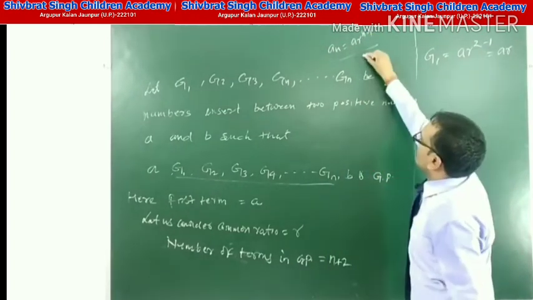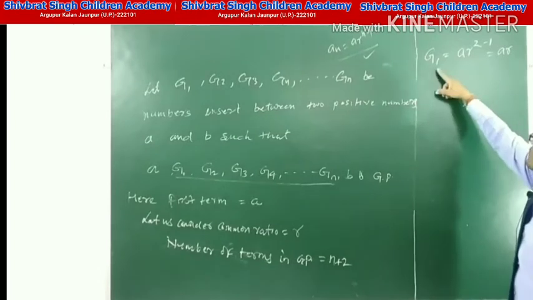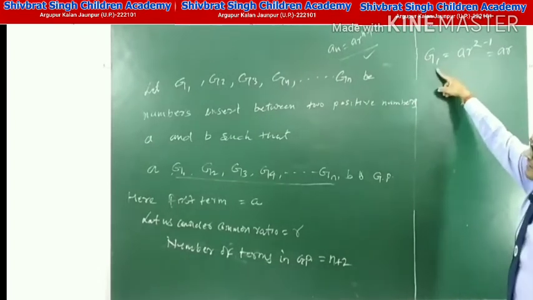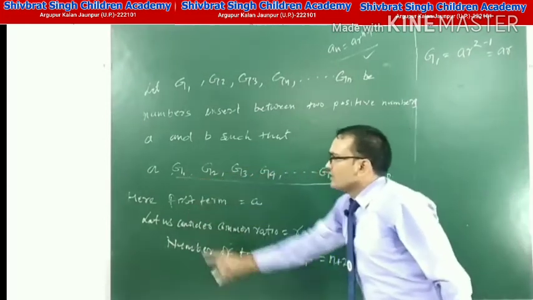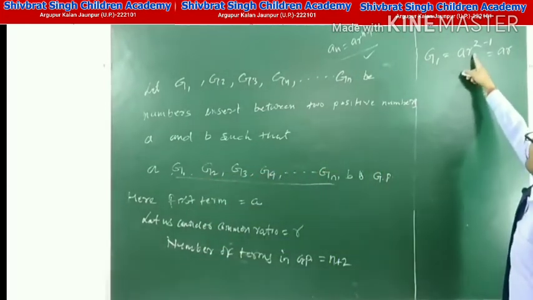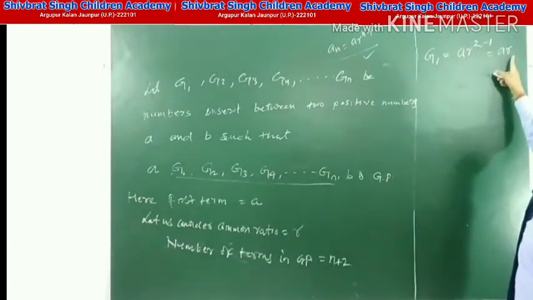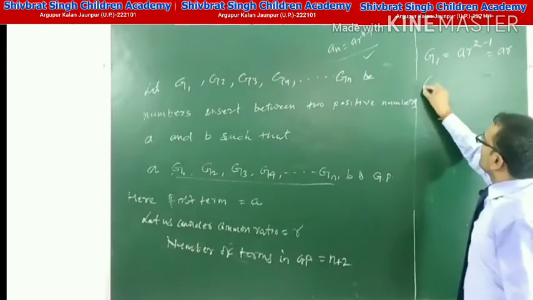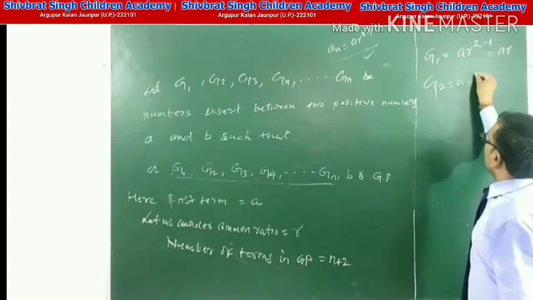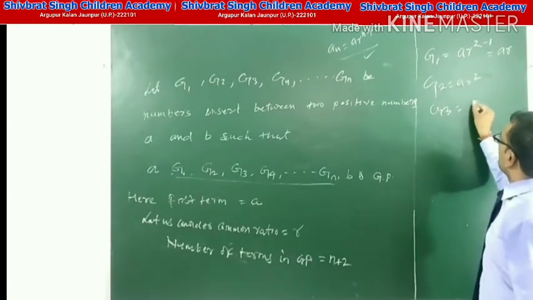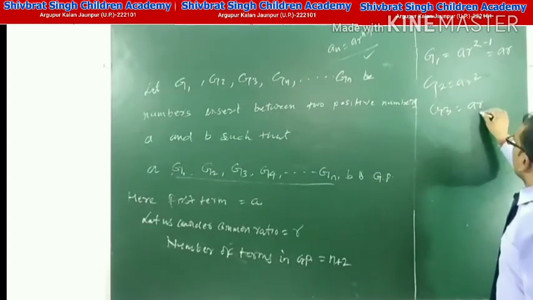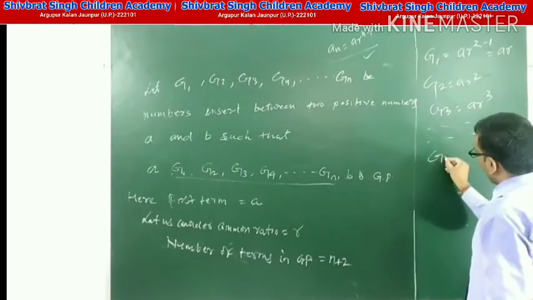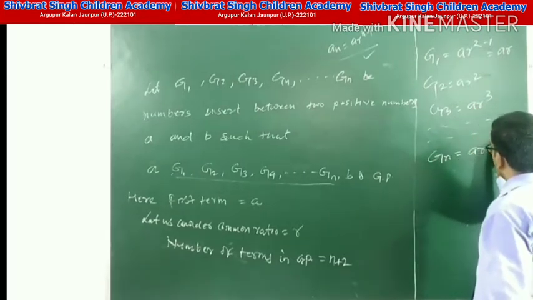Using this formula, G1 is the second term, then G1 equals ar to the power 2 minus 1 equals ar. And G2 equals ar square, G3 equals ar cube. Similarly, Gn equals ar to the power n.